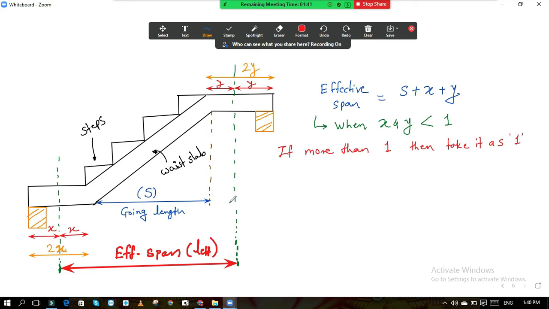If one of the values is more than 1, any value, if x is more than 1, then the maximum value of x you should take as 1. If y is more than 1, then the maximum value of y you should take as 1.